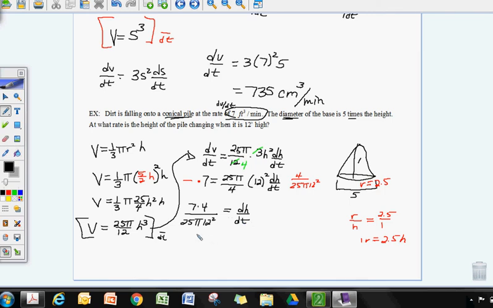So I can grab my calculator, 0.002 feet. This is a height. Height is measured in feet, and that would be per minute. So that is how fast the height is changing every minute that the dirt's falling onto the pile.